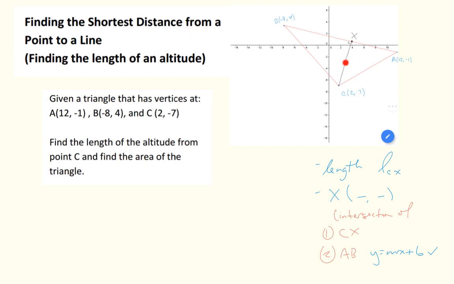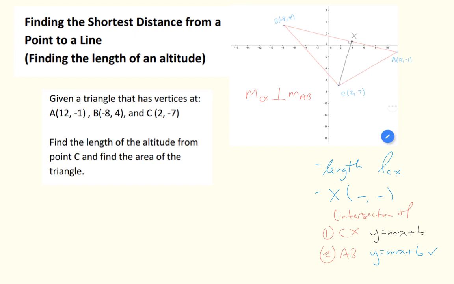Not really, because we don't have two points for a slope. But we do know that the slope of CX is perpendicular to the slope of AB. That's information we can use to come up with an equation, y equals mx plus b, for the line CX.